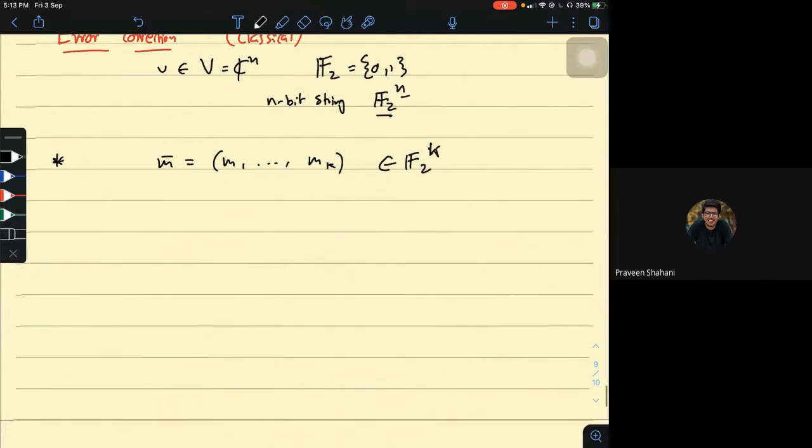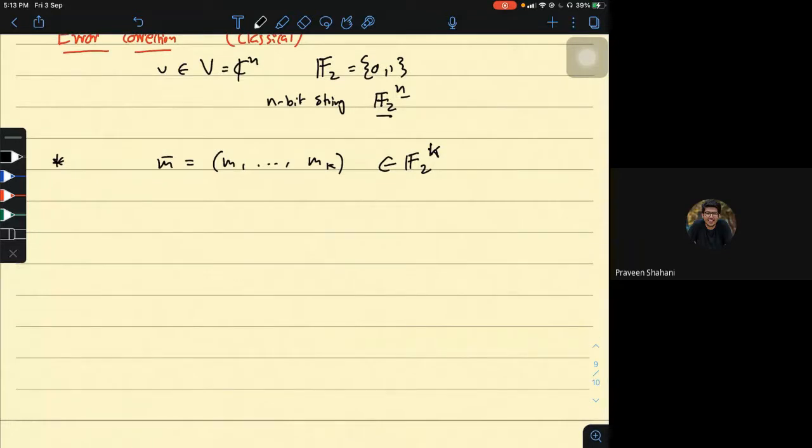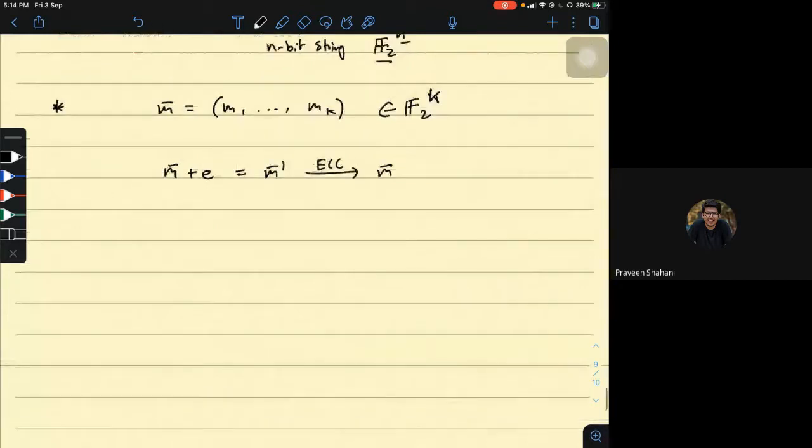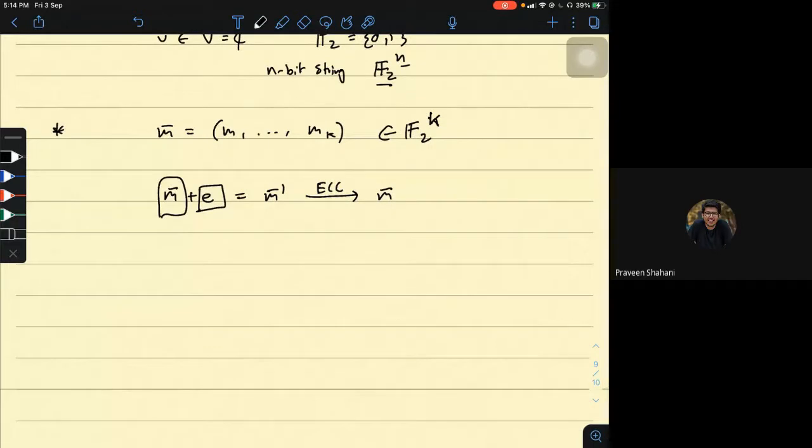Say some error e is added to this, which gives some erroneous message. We need to do some correction to remove this error so we can get m. This is the whole idea of error correction: to identify the error e and to remove it such that we end up with the message vector m.